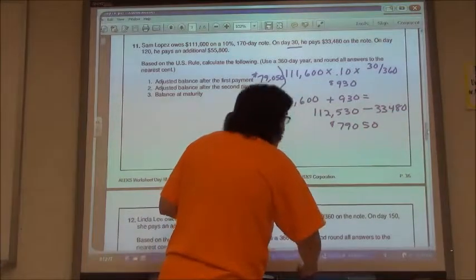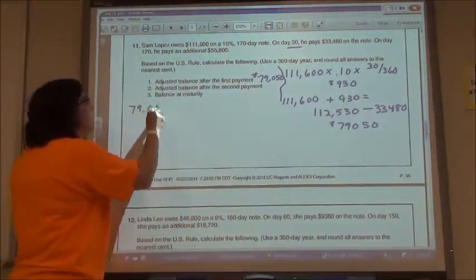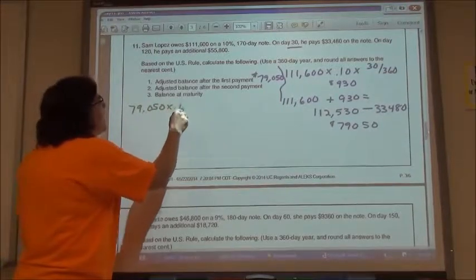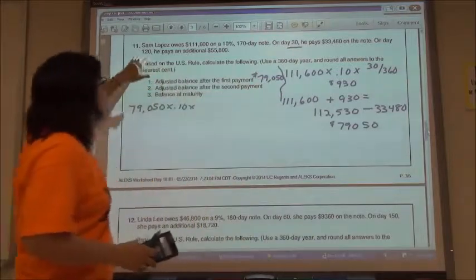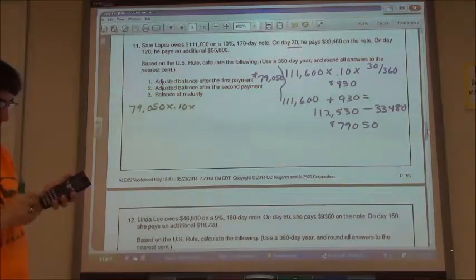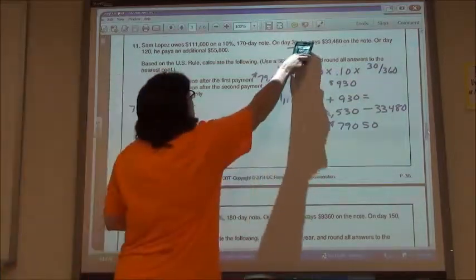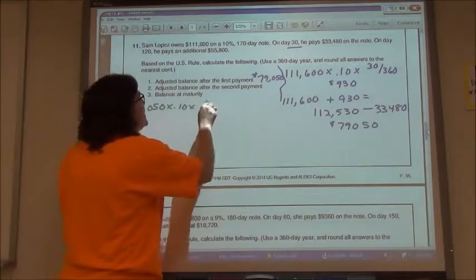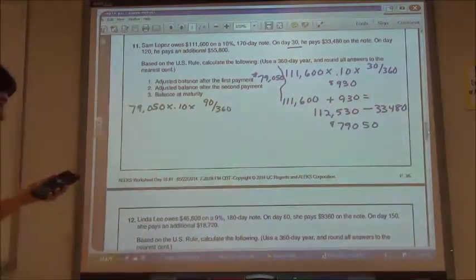I then go to the second payment. On the second payment, I'm starting with the $79,050 that I owe. It's at 10% interest, and I went from day 30 to day 120. So if I take 120 minus 30, I get 90 days in that next section of time. So 90 out of 360.